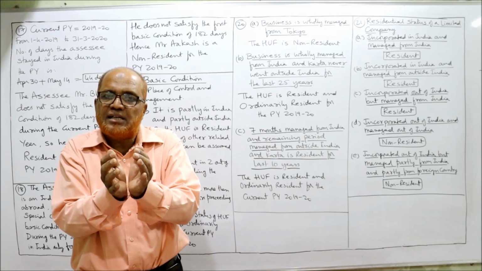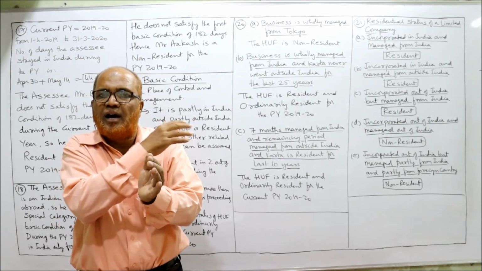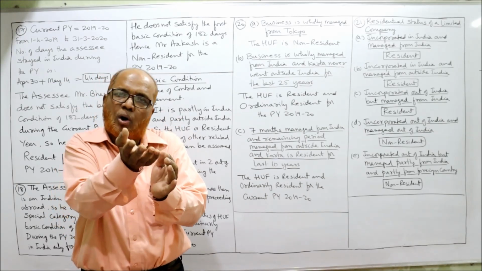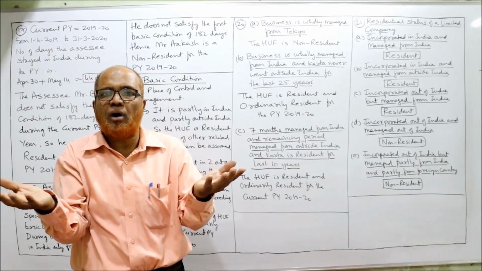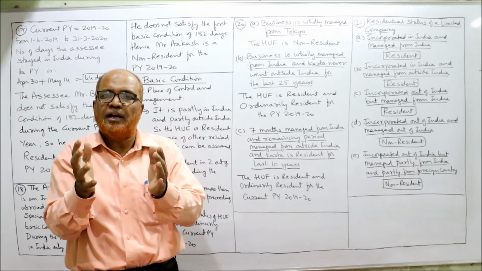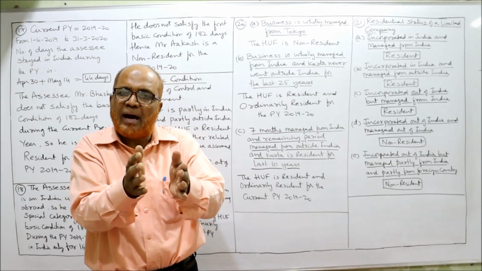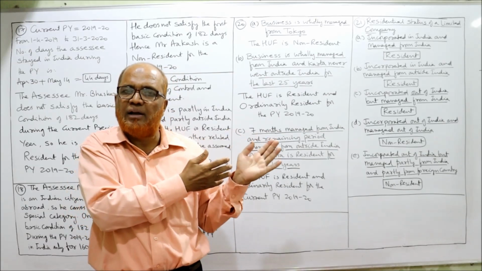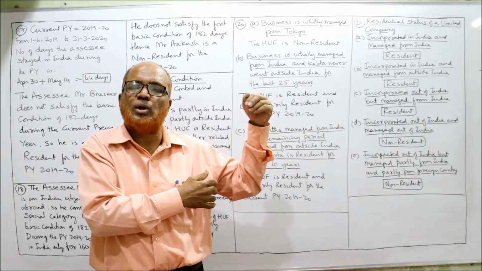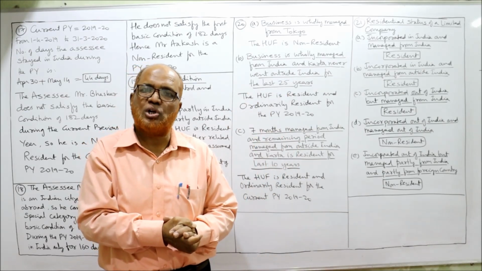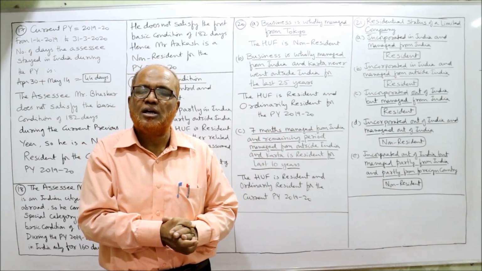Suppose the company is incorporated outside India and managed and controlled also outside India, it is a non-resident company. Similarly, a company incorporated outside India but partly managed and controlled from India and partly from outside India is also a non-resident.